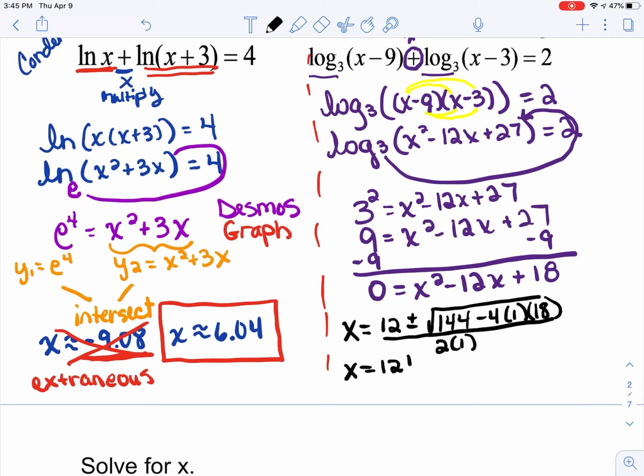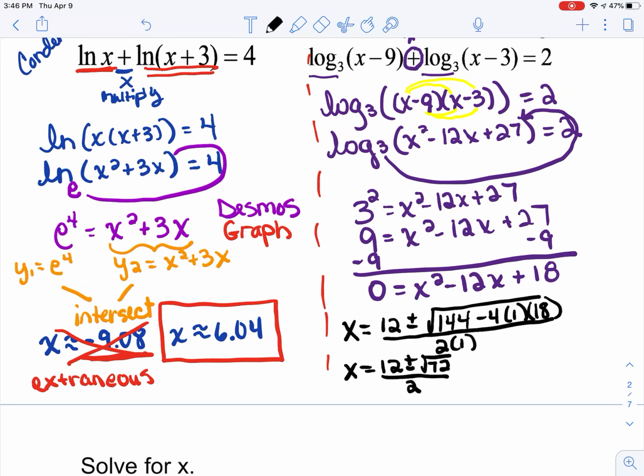All right, now we got 12 plus or minus. Put everything underneath the radical into your calculator, and you get the square root of 72 all over 2. I'm going to do this one too. 72 is not perfect. So what are we going to have to do? Somebody said it out loud. I heard them. You're going to break it down.